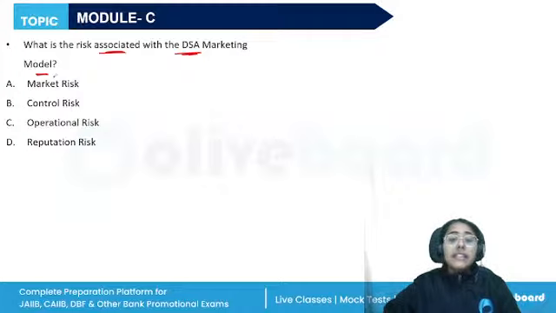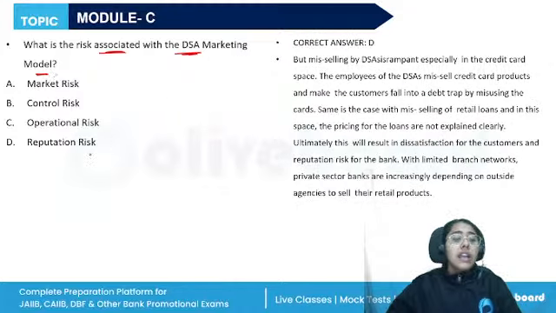So if the DSA, which is appointed by the bank, is using some unlawful measures, or let's say direct selling agents are appointed for the selling of credit cards, they are mis-selling and they're not explaining to the customer the correct details of the credit card and the customer is going into debt. So all of this will create a reputation risk for the bank.